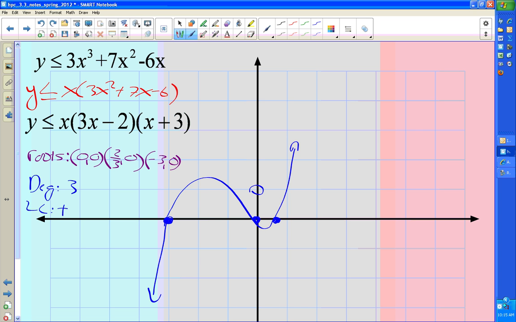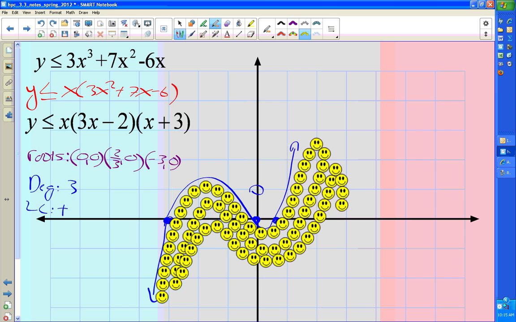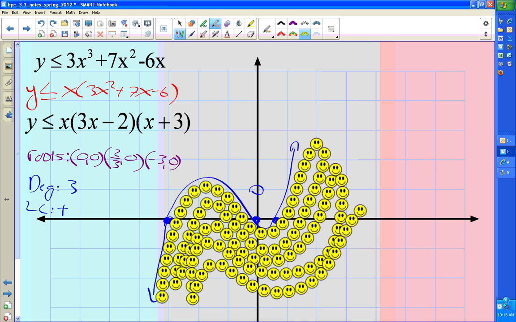If you plug in 0, 1, this whole side of the statement becomes a 0. 1 is less than or equal to 0. Is that true or false? That's false. So we want to shade on the other side. So we're going to shade down here. So all down here.